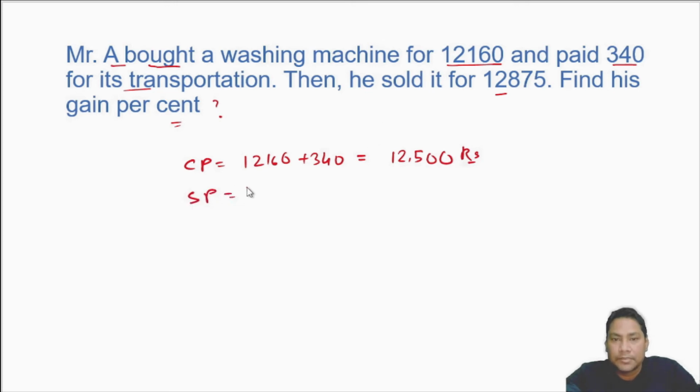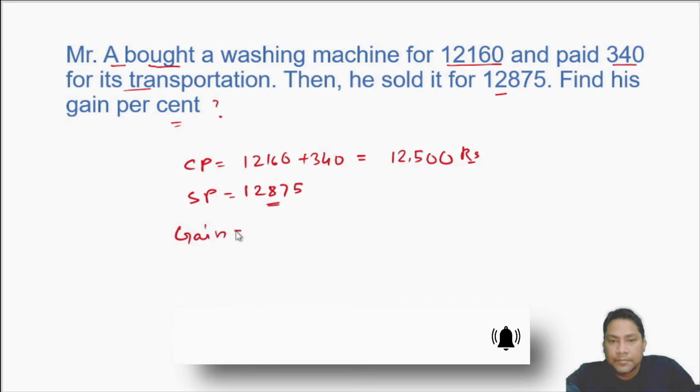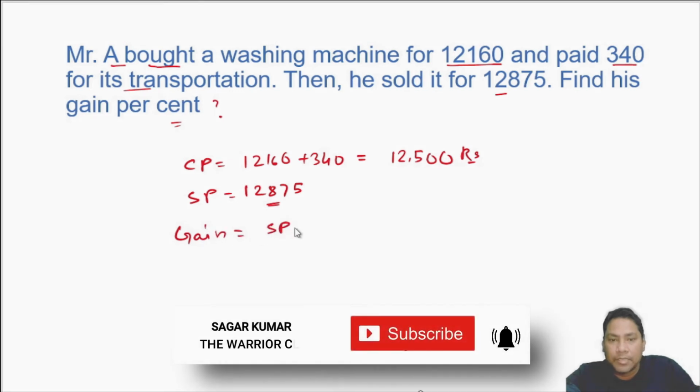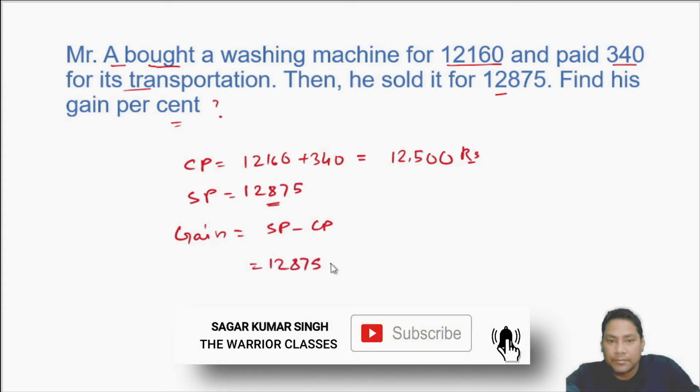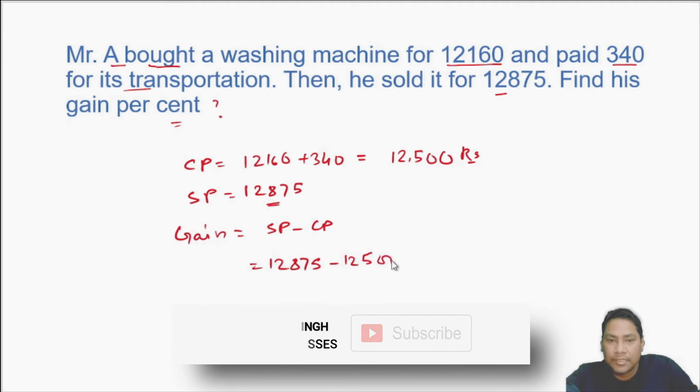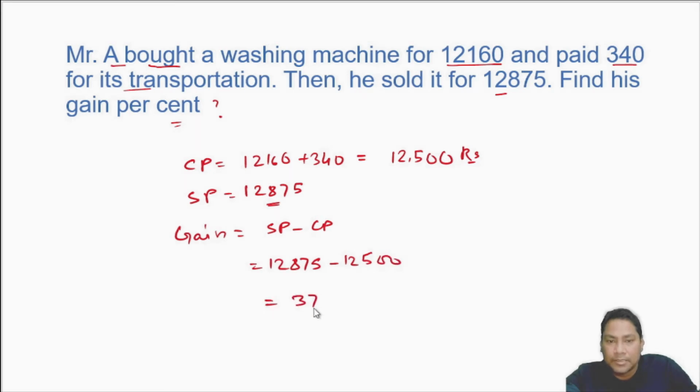Now the selling price is given, 12,875. Here we will compare the selling price and the cost price. Selling price is more than cost price, so there will be gain. The amount of gain is selling price minus cost price, that is 12,875 minus 12,500, which is 375 rupees. Now we know the formula of gain percent: profit by cost price multiplied by 100.